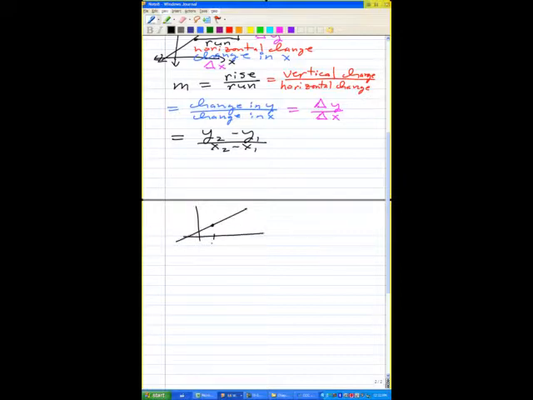See, this is the point x1, y1, and this is the point x2, y2. Then it's just this distance here, y2 minus y1, over this distance, x2 minus x1. And that is the formula for the slope.